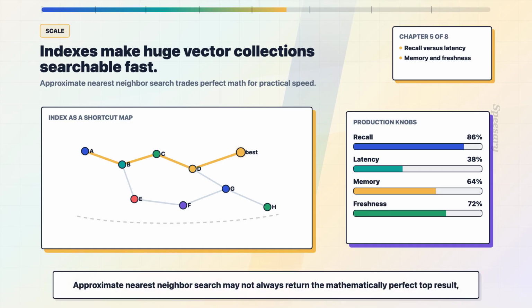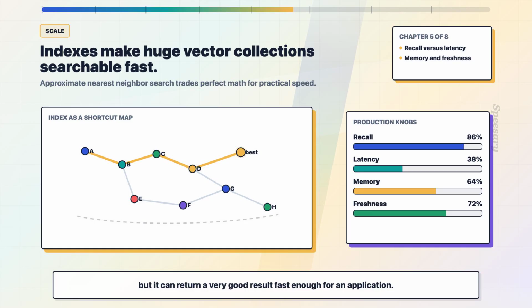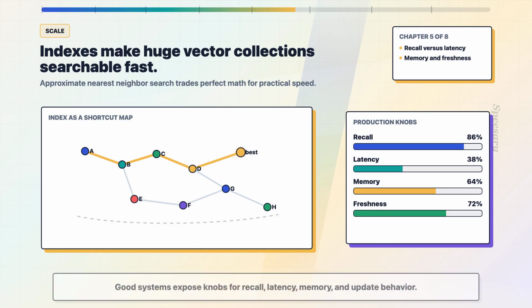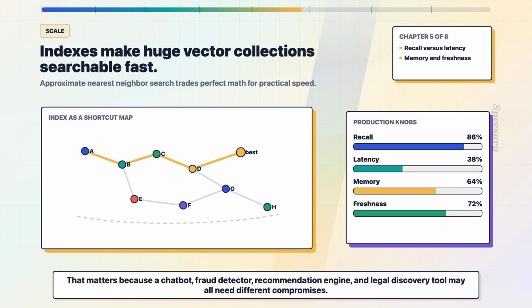Approximate nearest neighbor search may not always return the mathematically perfect top result, but it can return a very good result, fast enough for an application. Good systems expose knobs for recall, latency, memory, and update behavior. That matters because a chatbot, fraud detector, recommendation engine, and legal discovery tool may all need different compromises.